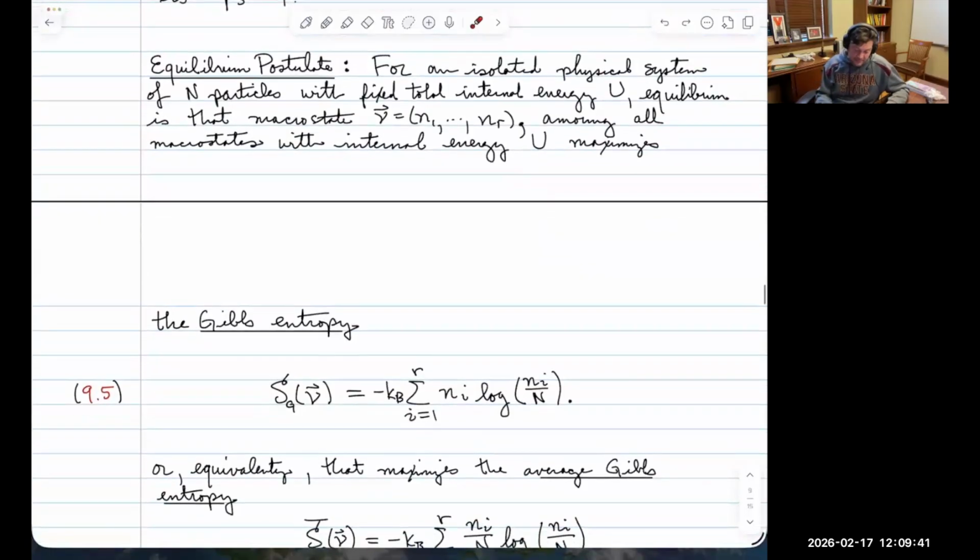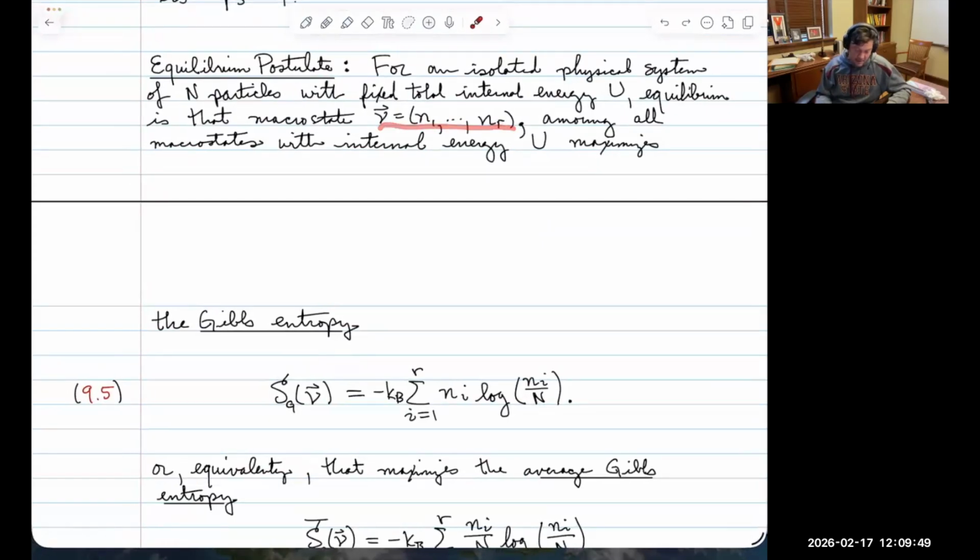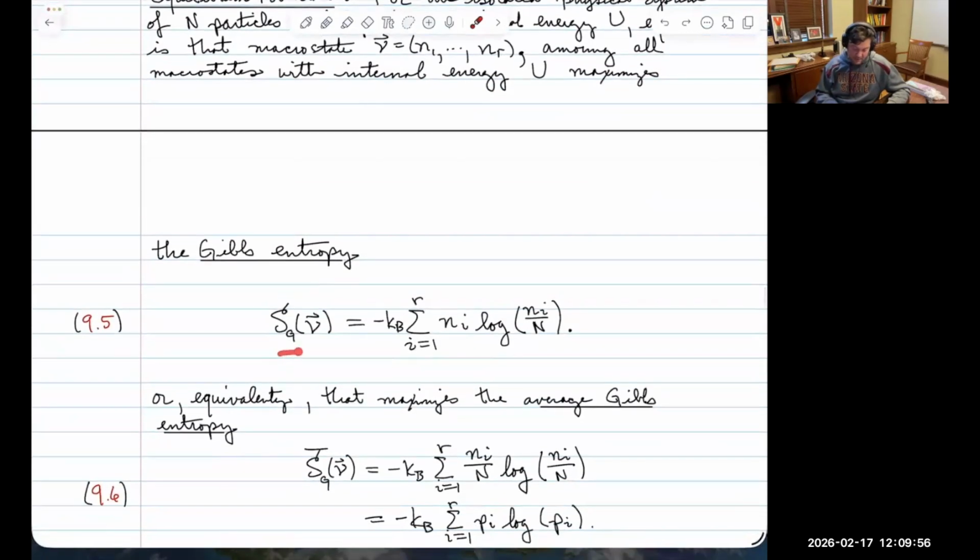For an isolated physical system of n particles with a fixed total internal energy U, equilibrium is that macro state among all macrostates with internal energy U that maximizes the Gibbs entropy. And there's the Gibbs entropy. Why is it the Gibbs entropy? Well, we're looking for the macrostate which has the most number of microstates.